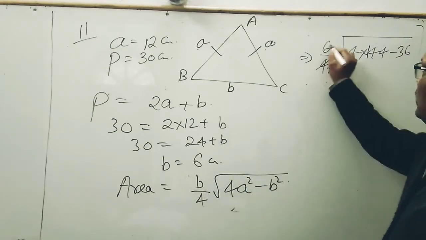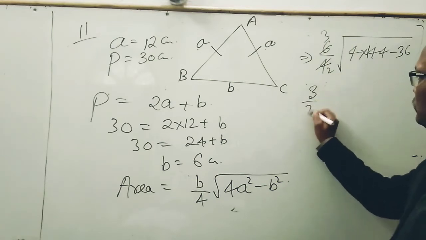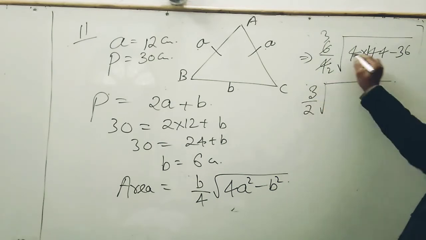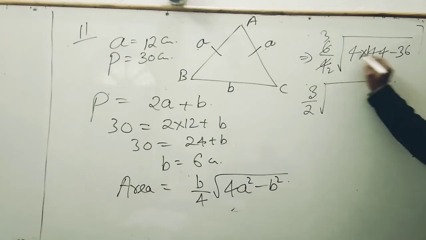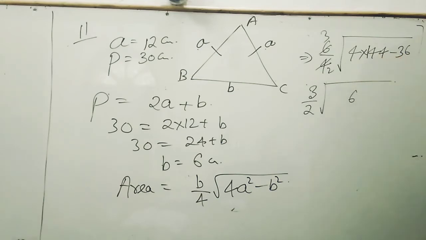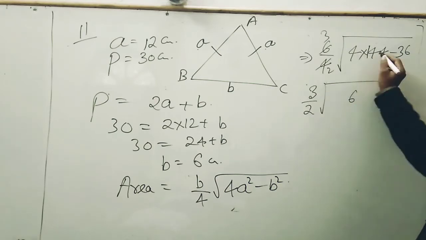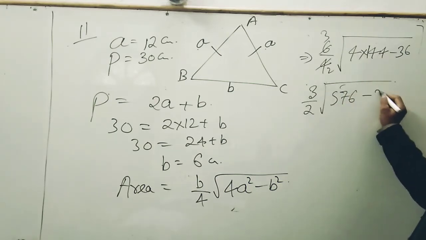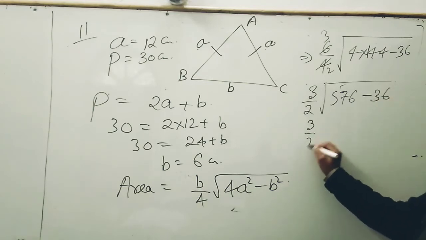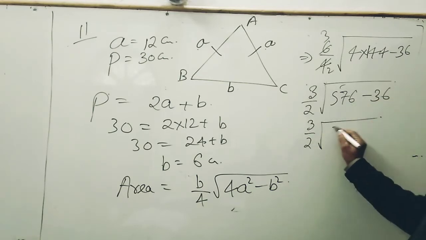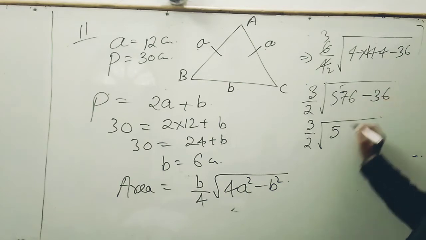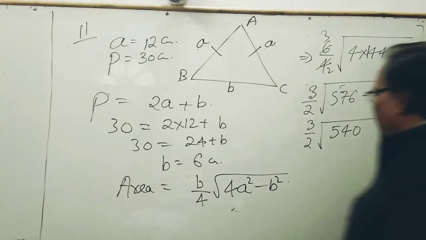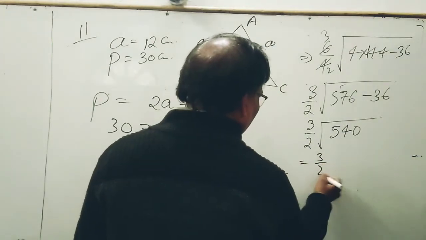So it will be 3 by 2 into 576 minus 36, so 3 by 2 into 540.